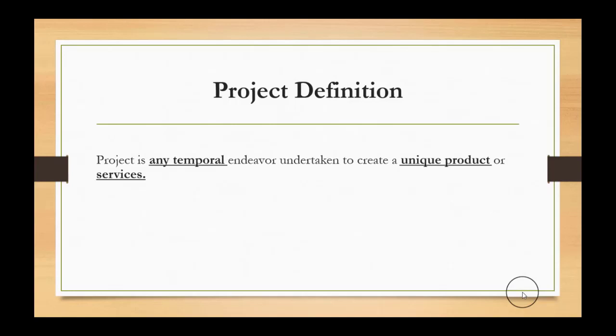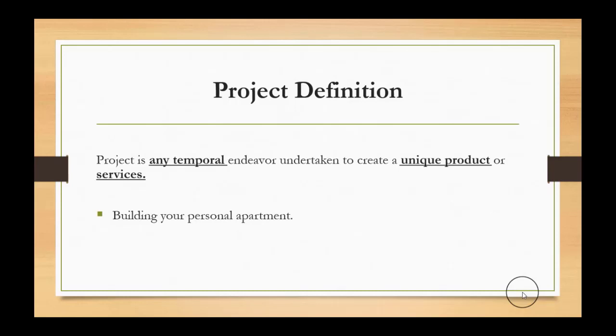So when we are building a 6-unit classroom block for a community, or if a contractor has been awarded a 6-unit classroom block for a community, that classroom block is going to create special or unique services to the people within that community. So the purpose of that 6-unit classroom block is to provide access to education for the people within that community.